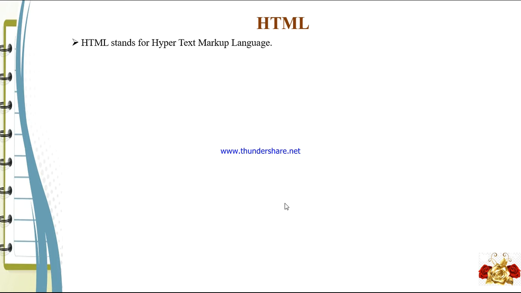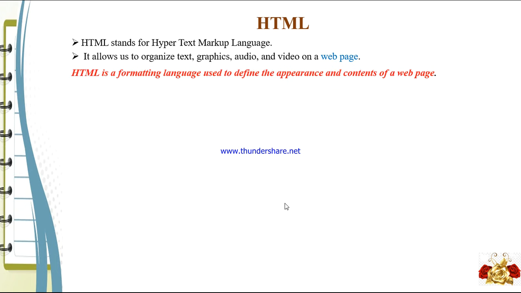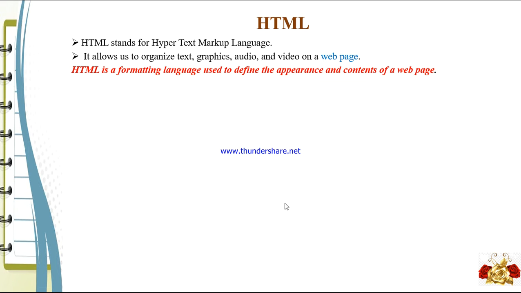The abbreviation HTML stands for Hypertext Markup Language. So what is the use of this HTML? It allows you to organize the text, graphics, audio and video on a web page. Normally, HTML is a formatting language used to define the appearance and the content of a web page.